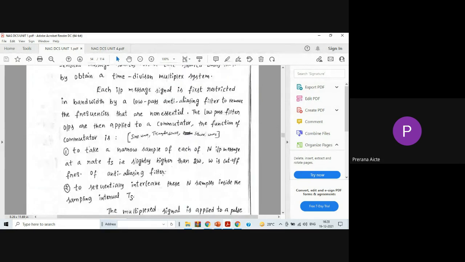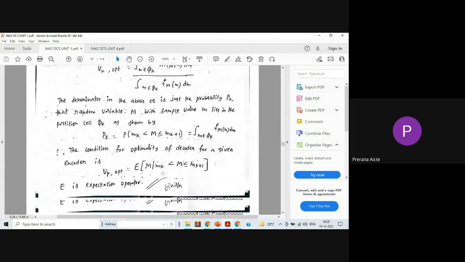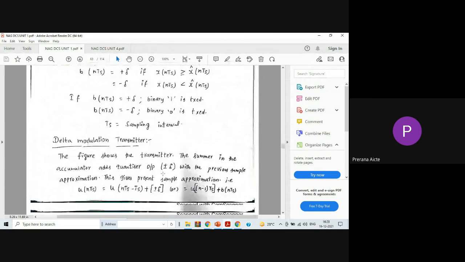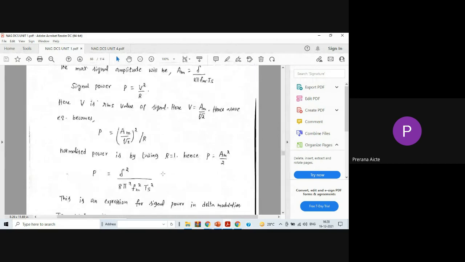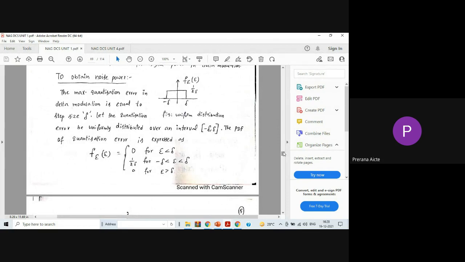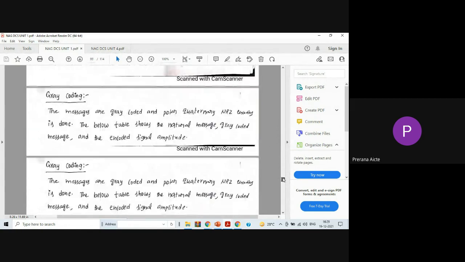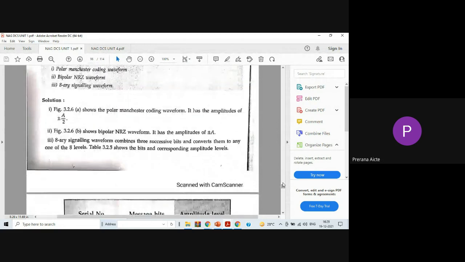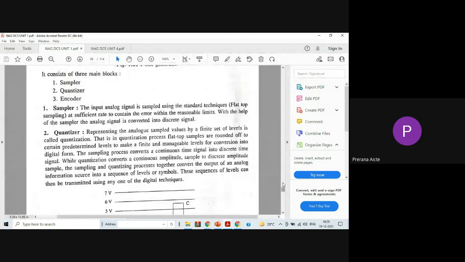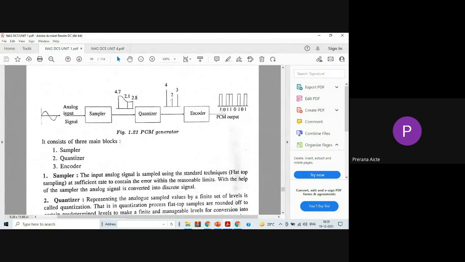Okay, let's see the problems now. I said the PCM signal will look like this: the presence of a pulse means 1, and 0 is simply indicated by the absence of a pulse.